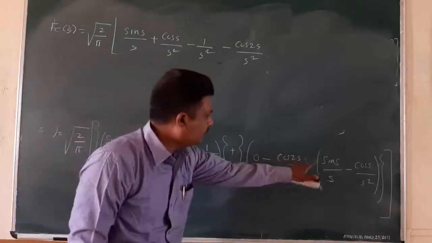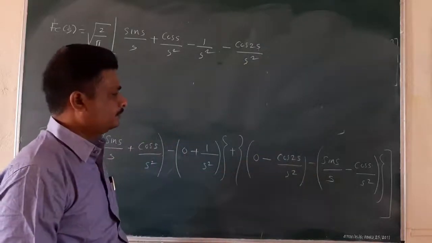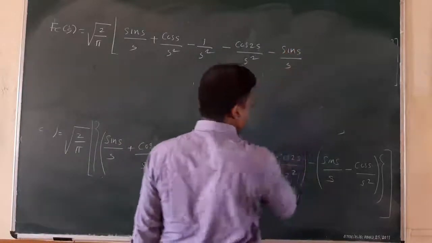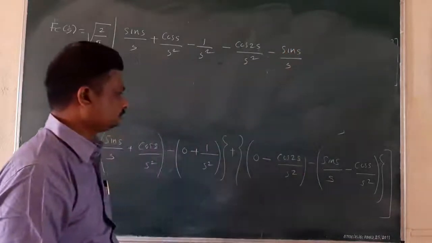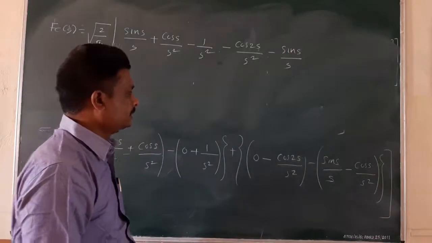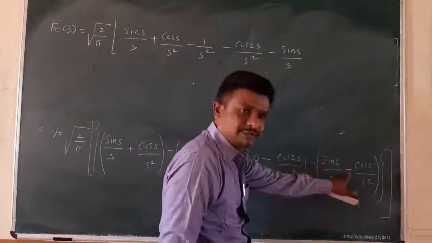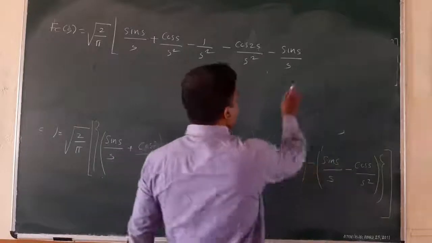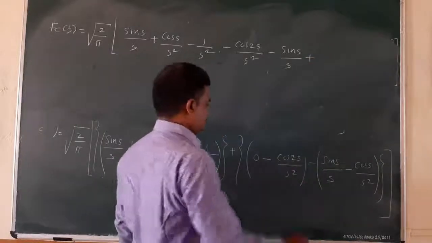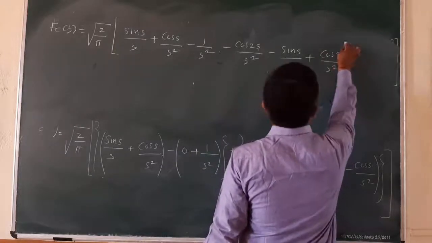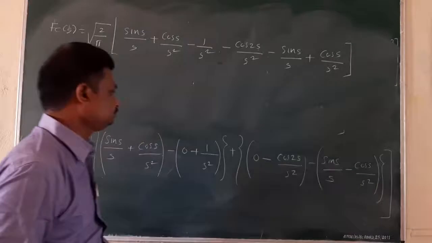So plus into minus sin s upon s, plus into minus, minus into minus plus into plus, this becomes plus cos s upon s square.